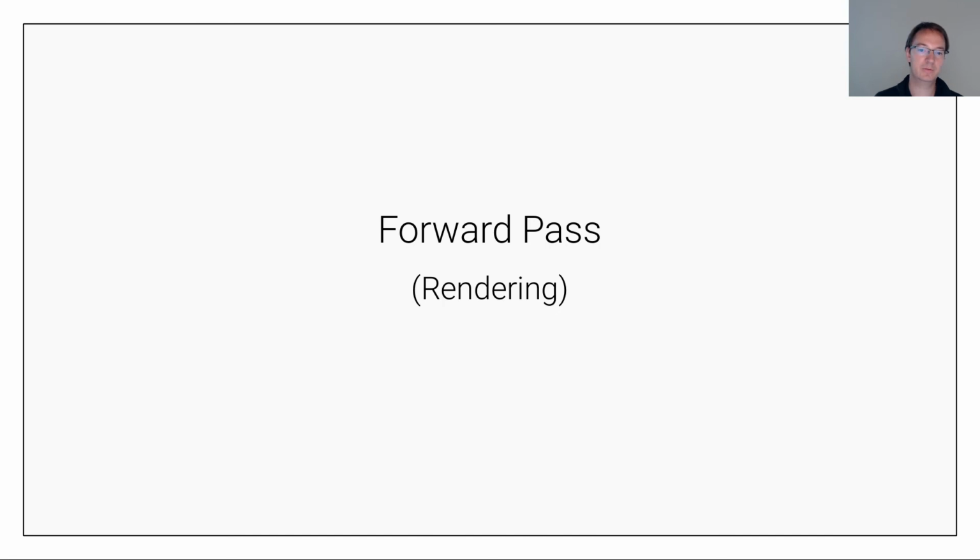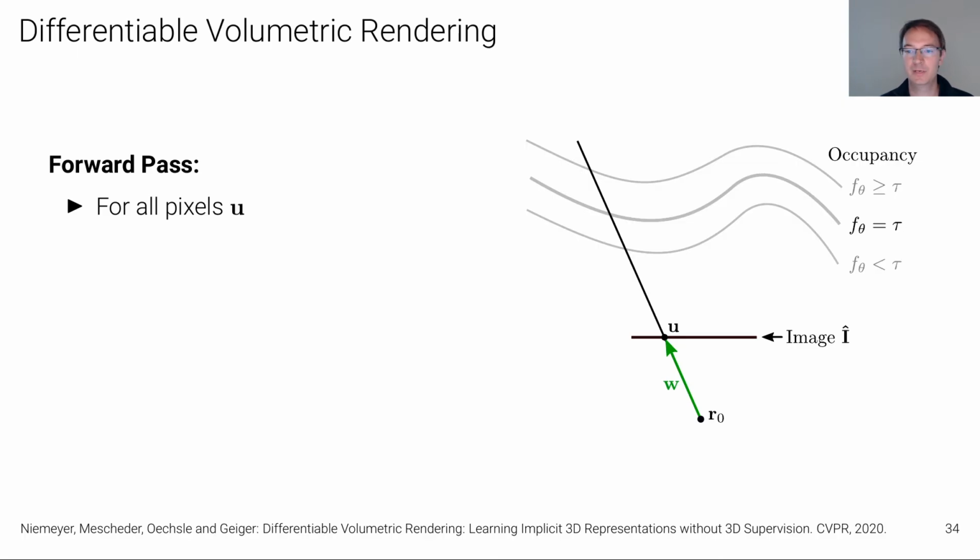Now, in order to define a differentiable rendering algorithm in PyTorch, we need to, of course, define the forward and the backward pass of the network. The forward pass corresponds to the rendering pass. The forward pass is relatively simple. So we see here on the right a simple bird's eye view example of the situation that we look at.